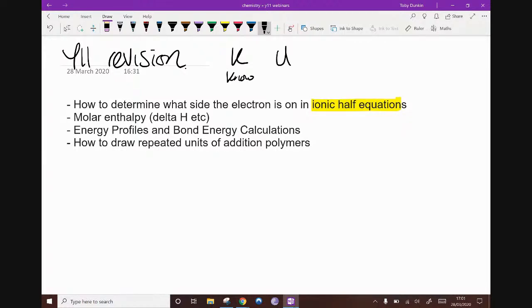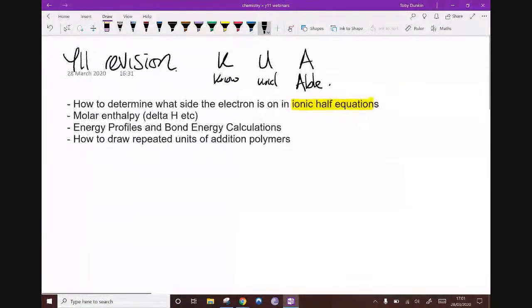I tend to do a U for understanding, and then an A for able to. And able to usually reflects, I've just done something wrong. I'm writing aldehyde there. Able to. Usually that will relate directly to exam questions. That tends to be how it goes.